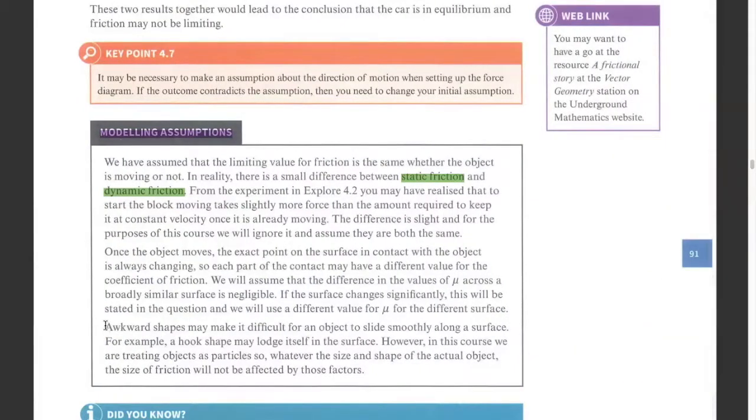And then thirdly, awkward shapes may make it difficult for an object to slide smoothly along a surface. The shape of the object also matters.